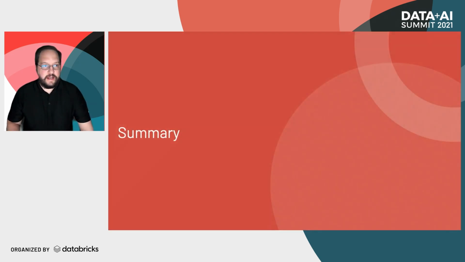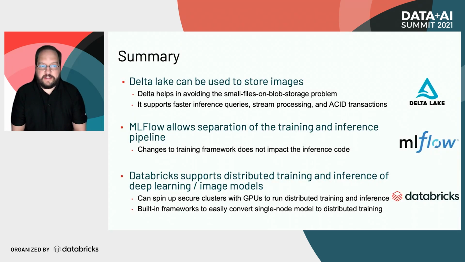So in summary, you can use Delta Lake. It's a very good thing to use for storing images. It helps with the small files problem, as well as gives you faster inference queries, particularly for images 512 meg or less. MLflow, along with the custom MLflow class, allows us to separate the inference pipeline so that you, as a data scientist, can bring in whatever model framework works best.